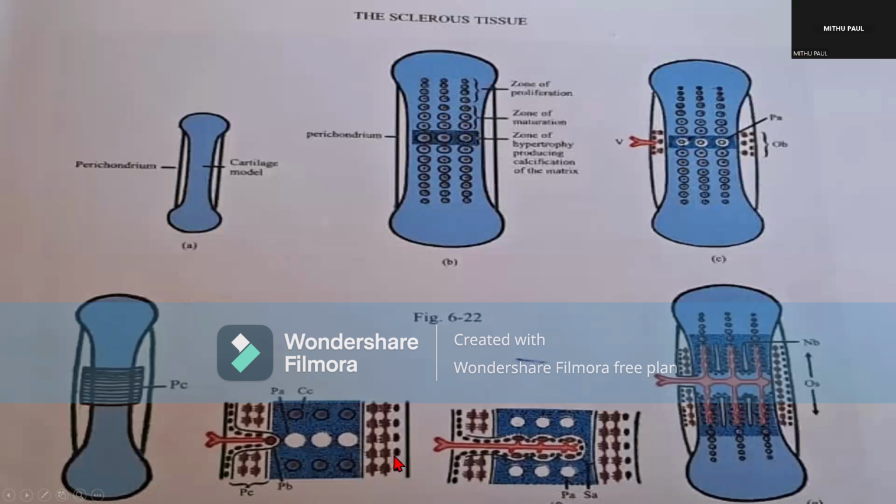Simultaneously, the primary areolae merge with one another to form the secondary areolae, and these osteoclasts do this function. Osteoclasts also bring with them the surrounding invading blood vessels, and these invading blood vessels are the future nutrient artery for the developing long bone.